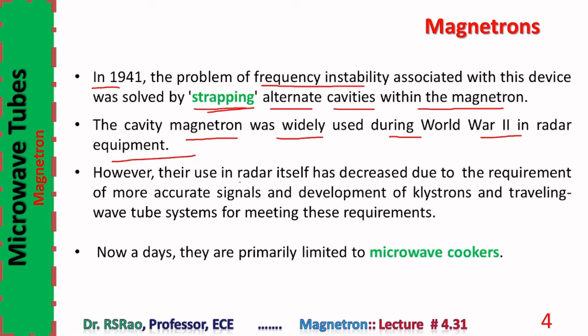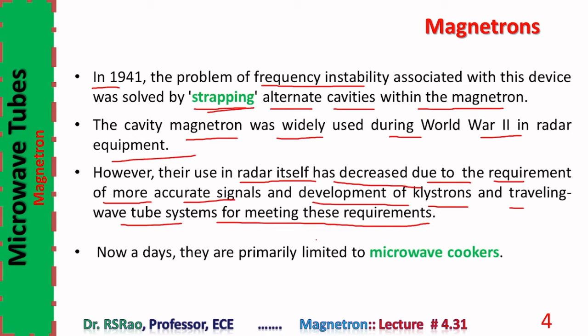However, their use in radar has decreased due to the requirement of more accurate signals and the development of klystrons and traveling wave tube systems for meeting these requirements. Nowadays, magnetrons are primarily used in microwave cookers.